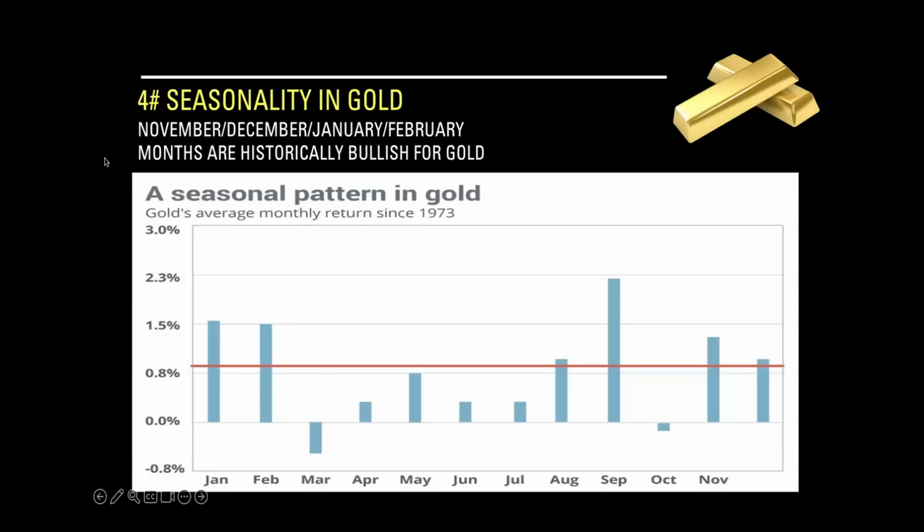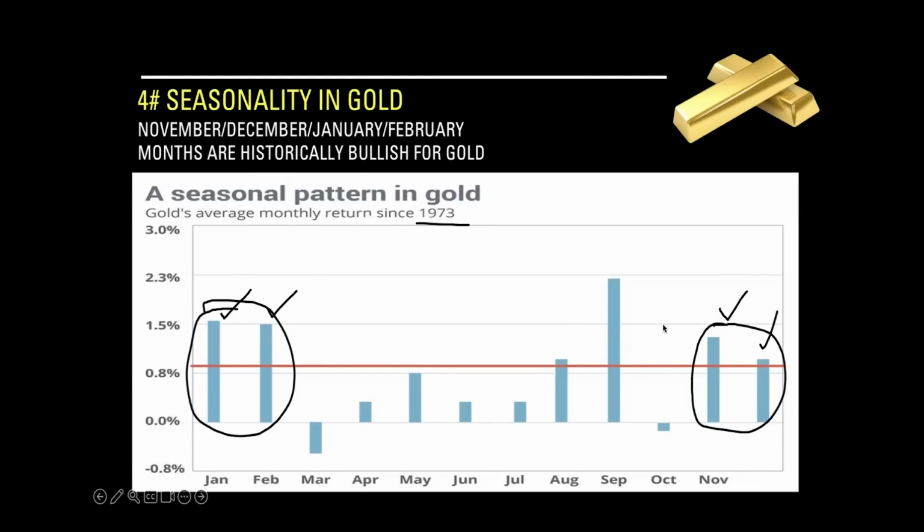This image I have taken from Google. You can see that this is the seasonal pattern in gold, which says that since 1973, for average monthly return, January and February most of the time give a return of more than 1%, almost 1.5%. Again, November and December also give more than 1% return historically.